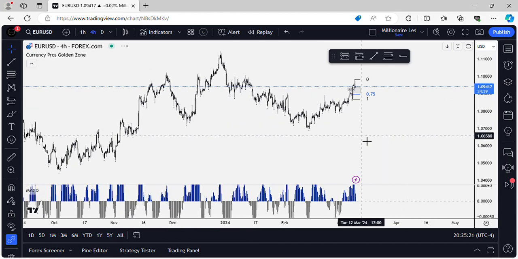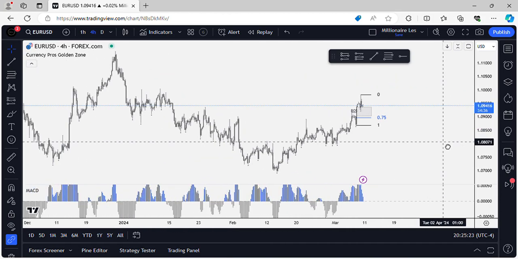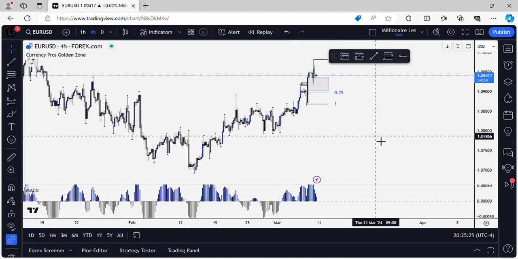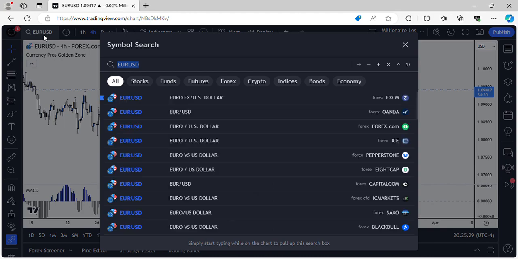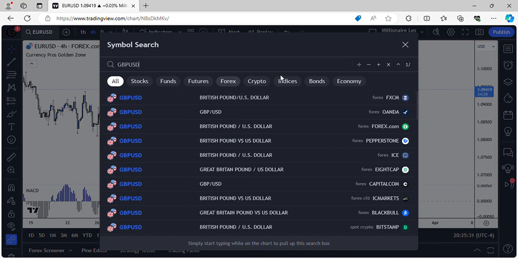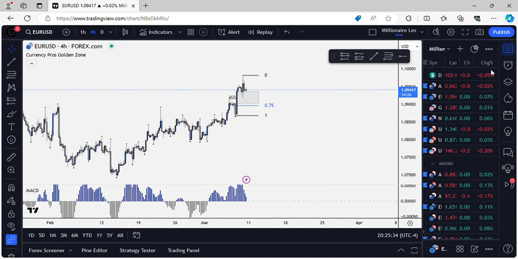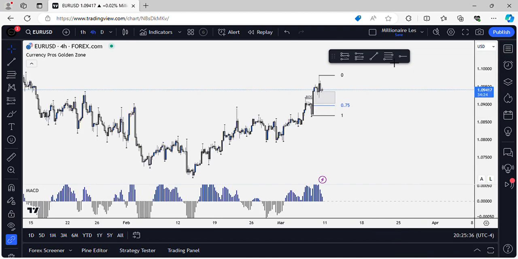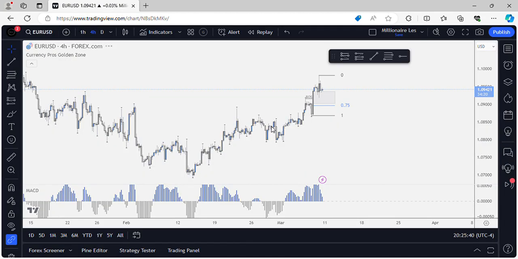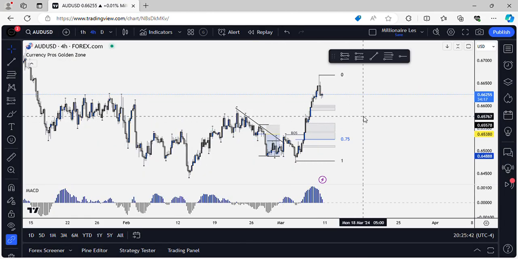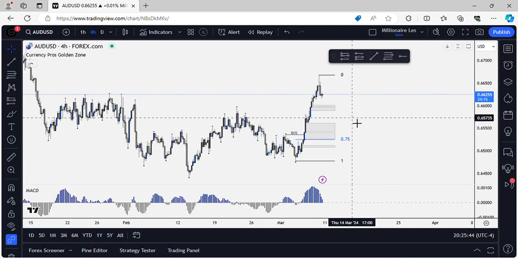We are looking just based off of the indicator. That's not really clean. Great British Pound USD. Let me see what's actually on my watch list. Okay, AUD USD, Forex.com. All right, perfect. This is clean, real nice move.